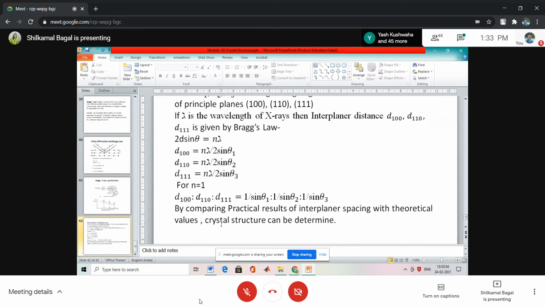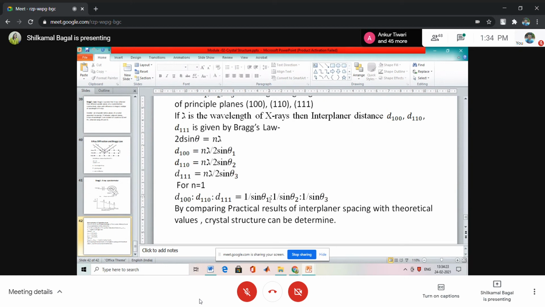So what we have calculated here is the interplanar spacing for the sets of planes 100, 110 and 111, that is 1 upon sin theta 1, 1 upon sin theta 2 and 1 upon sin theta 3. How did we calculate it? By taking the observations of glancing angles theta 1, theta 2 and theta 3. What are they?